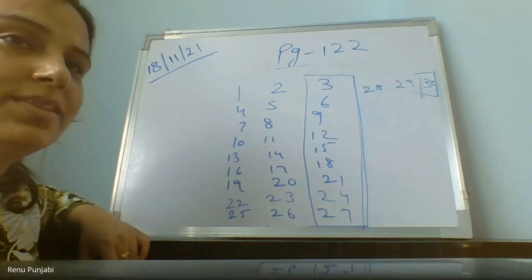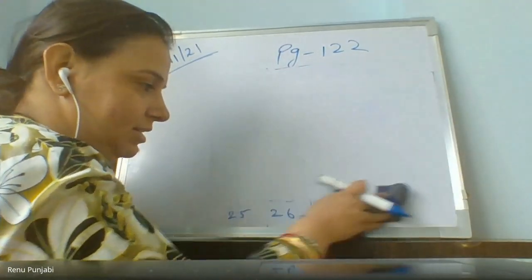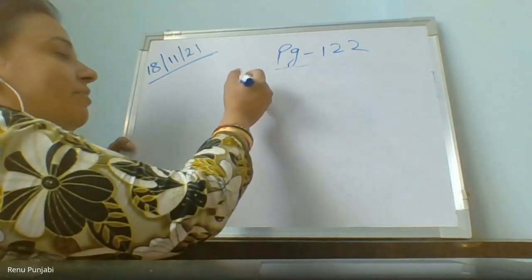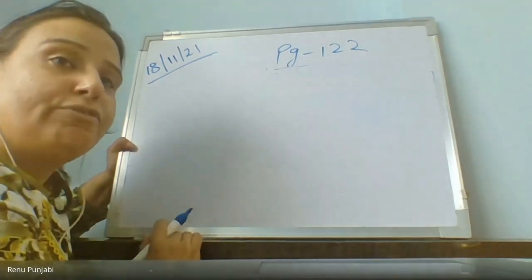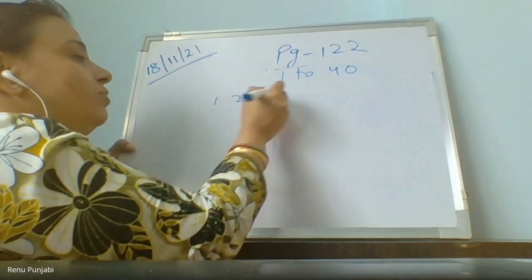Yes. Ma'am, if we want to find the table of 8, how do we do it? Same way. See, this trick will work for tables like 3. Now, if I tell you to write the table of 4, you will write the numbers 1 to 40. 1, 2, 3, 4.